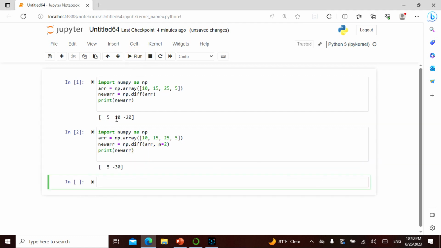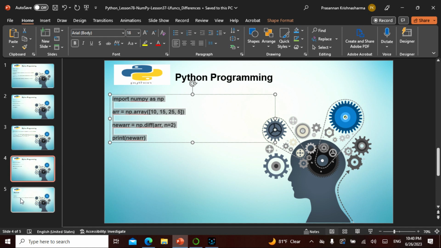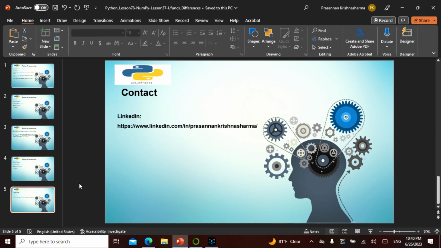What has happened is that the first pass gives 10 minus 5 is 5, and minus 20 minus 10 is minus 30. That is what this has given. You can also do this one more time, by giving n equals 3, but we are not covering it at this juncture. This is what the difference is.